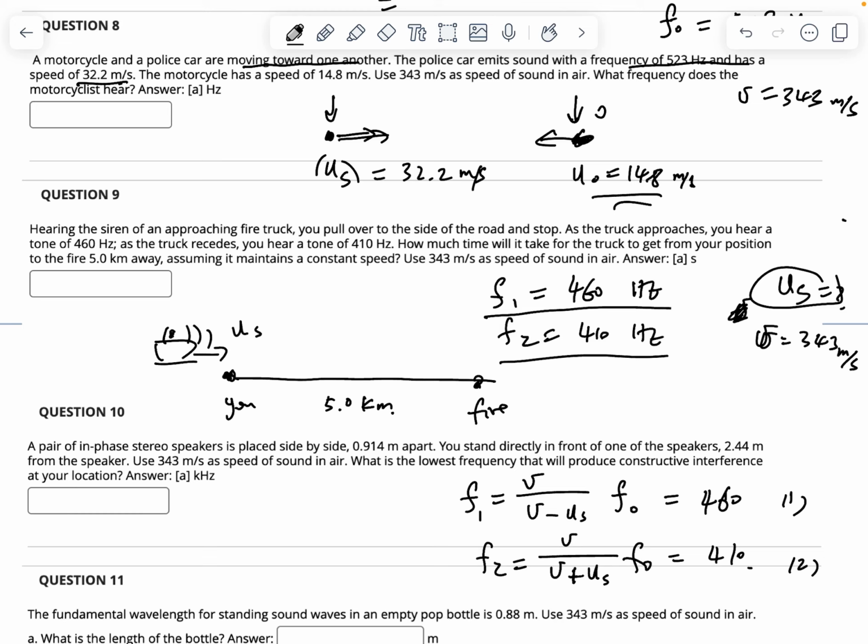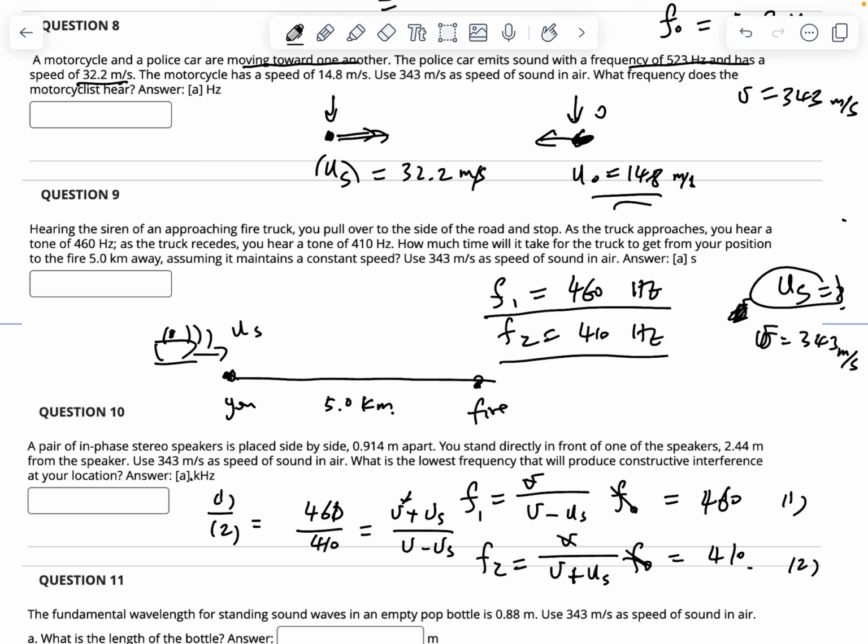So the ratio here is 1 over 2, equal to 460 over 410, also equal to the basic ratio, right? So F cancelled, V cancelled, right? So if this 1 over this, divided by 1 over that, right? And this is V plus Vs divided by V minus Vs, okay?